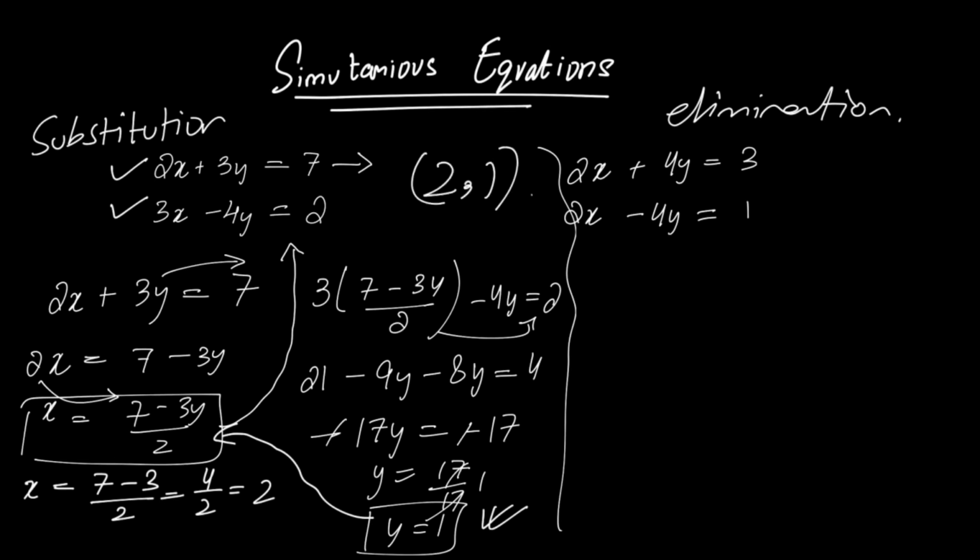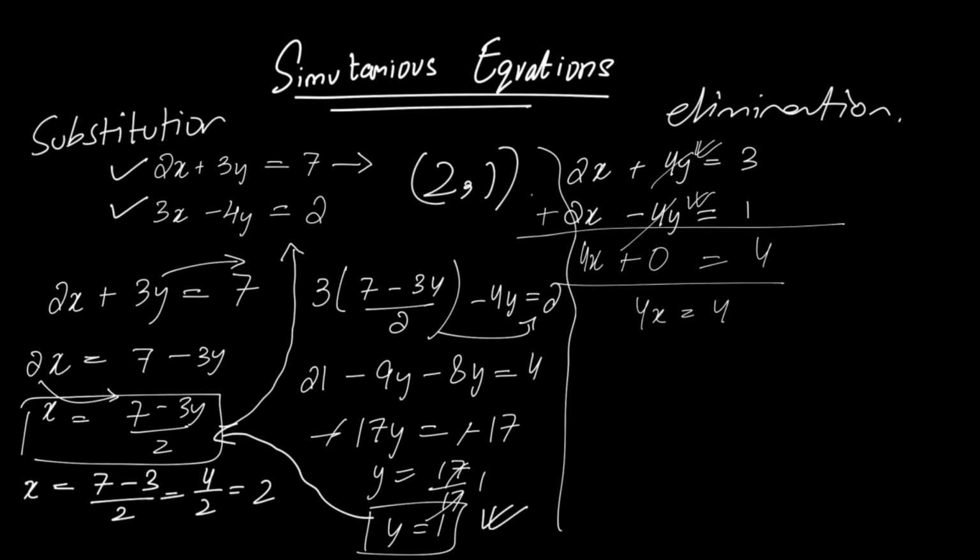Now by the elimination method we can do it this way: if we add both of the equations, this becomes 4x, this cancels out and this becomes 4. But this only works when one of the variables cancels out, so you have to make sure that the variable cancels out.